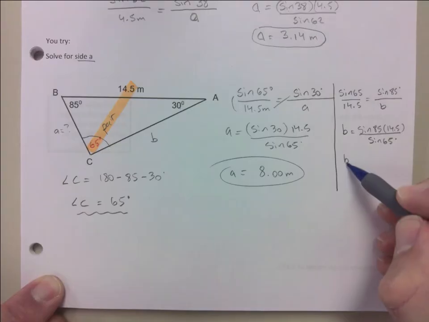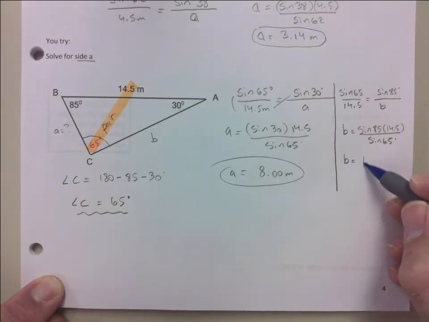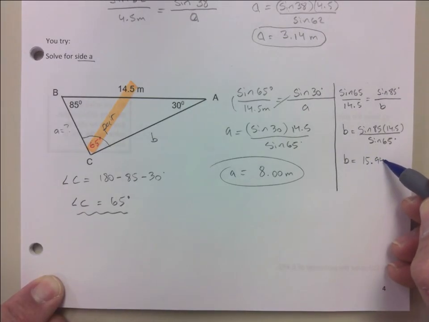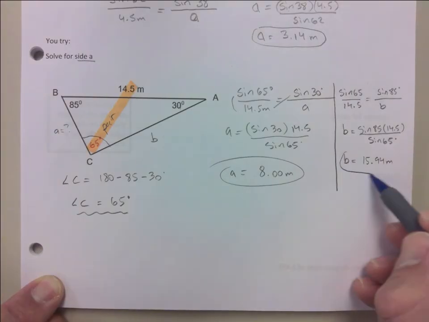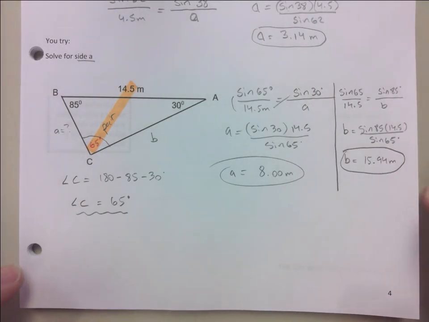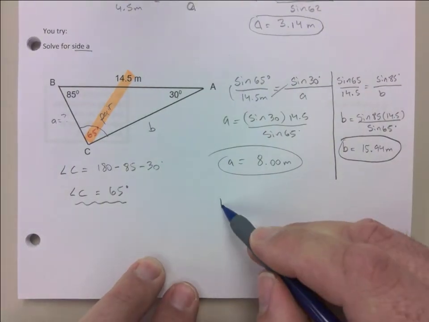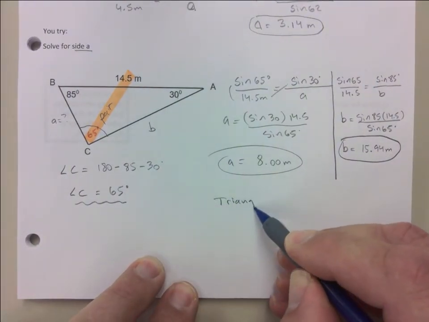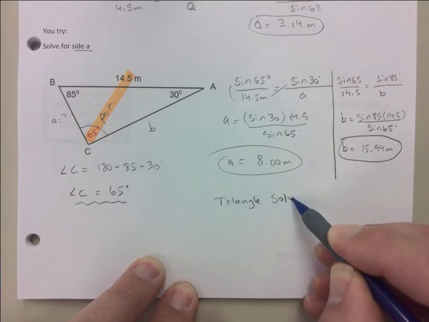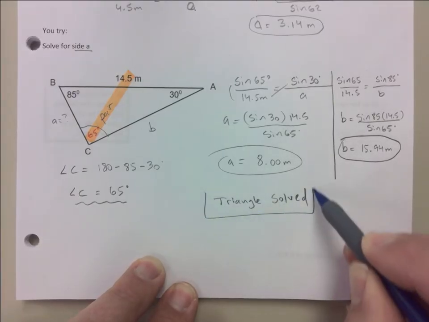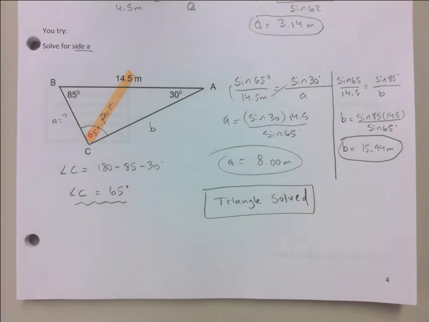Cross multiply and divide, and B is 15.94 meters. Okay, so that's how you solve. Triangle solved, that's what you can write down here. Triangle solved. If you solve for everything, then you solve the triangle.